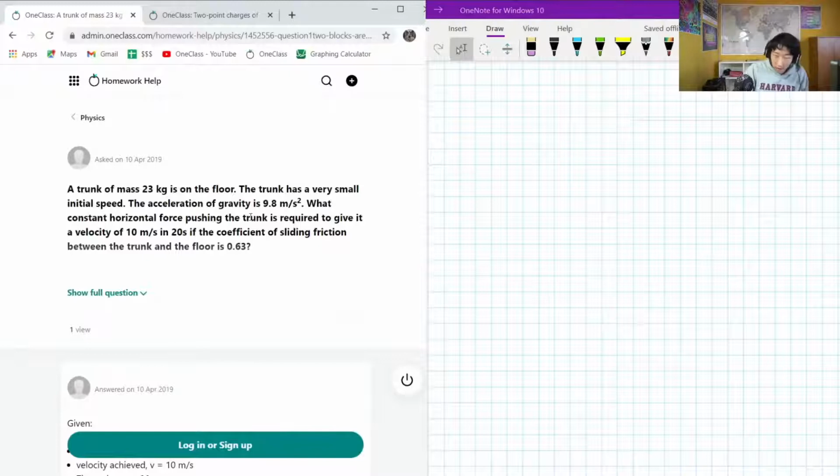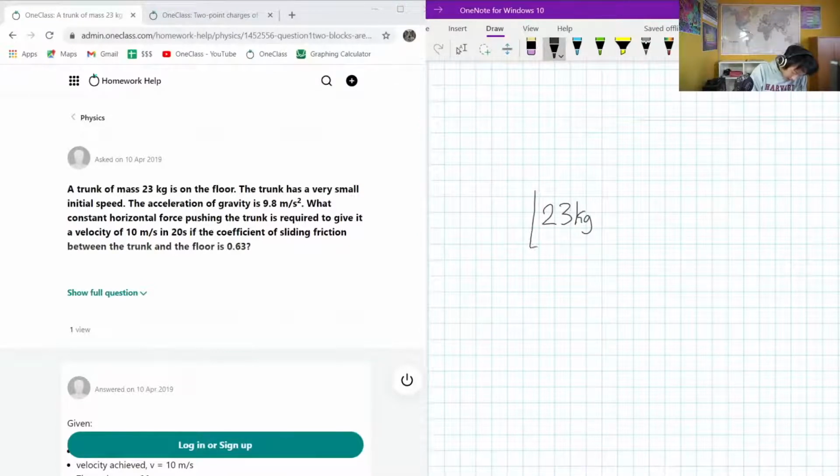Okay, so let's actually draw a diagram of what is going on in this situation, and then from that diagram we can make some mathematical moves to do exactly what we need to do. So we have a mass here, and we know that that mass is 23 kilogram.